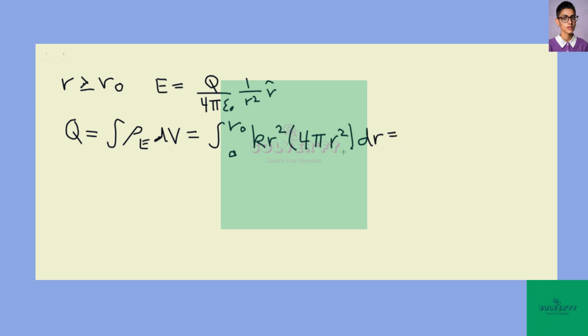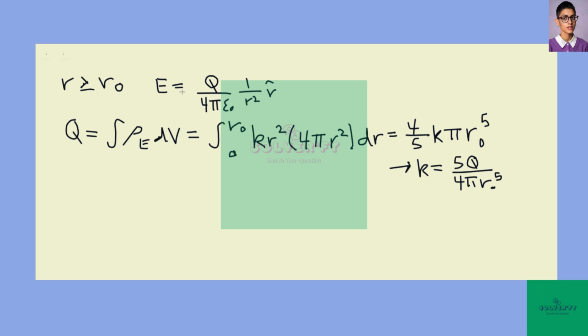What's not trivial is remaining here, but it's really just a polynomial, so we can do that. We'll end up with 4/5 k pi r naught to the 5th. Thus, k is equal to 5 big Q over 4 pi r naught to the 5th. Okay.